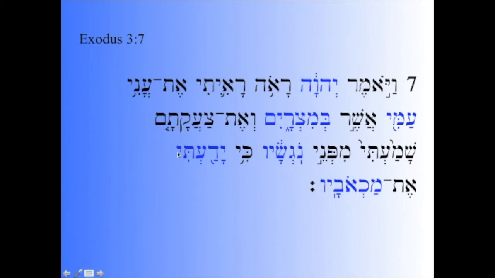For I know his pains. Conversely, there are places where we have a construct chain where there is one of the conjunctive accents, like from this word to this word, and that's a clue that those two go together.